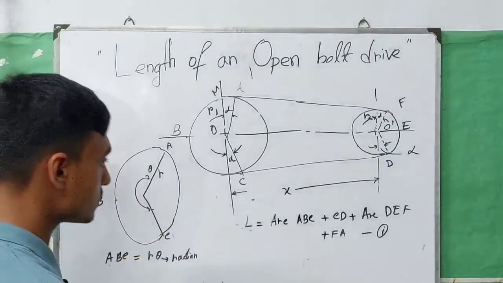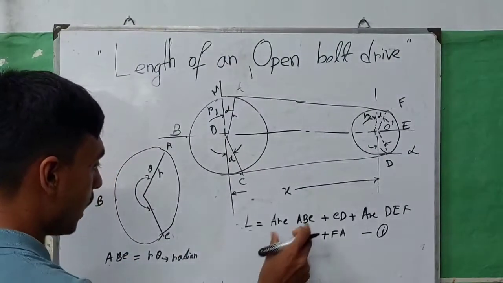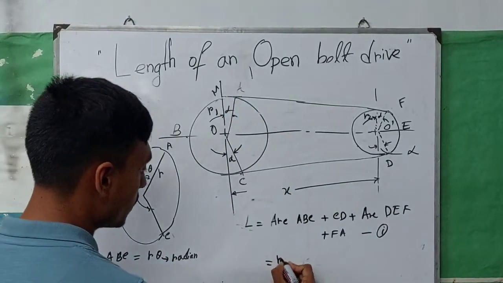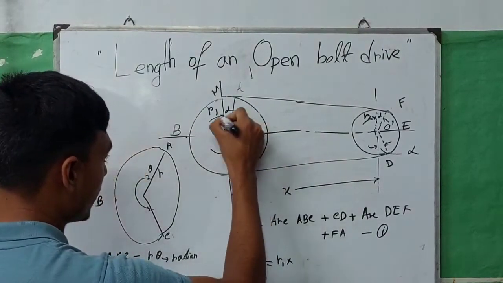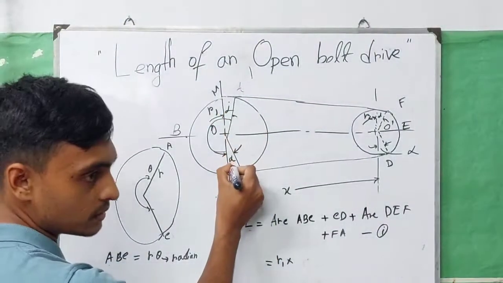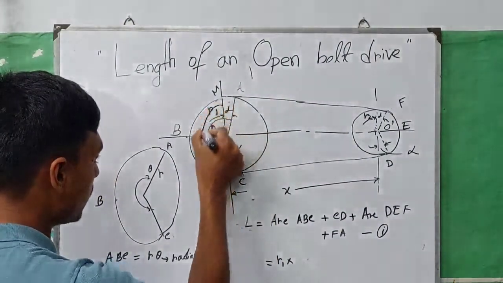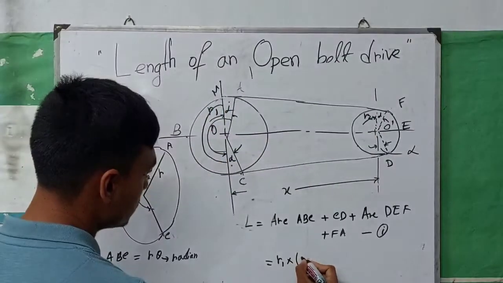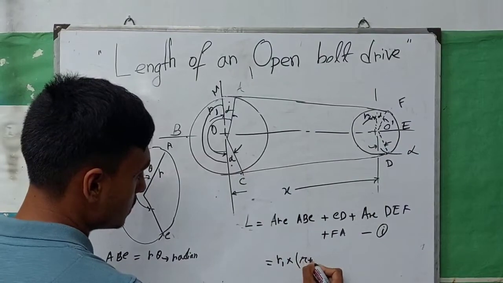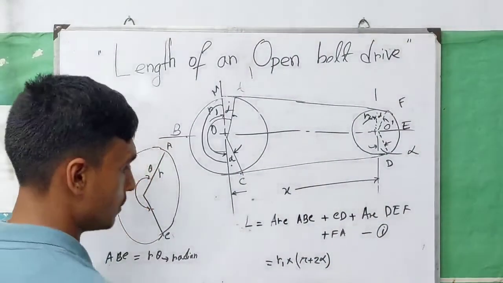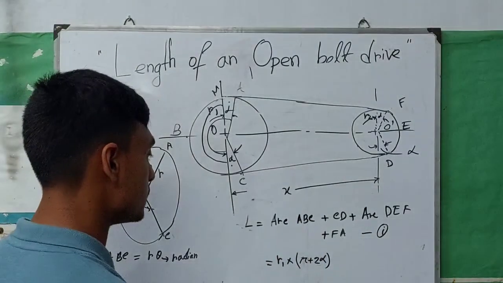So from this concept we can write arc ABC equals radius r1 times the angle. The angle is alpha plus alpha plus pi, that means pi plus 2 alpha, and that is the arc length of ABC.